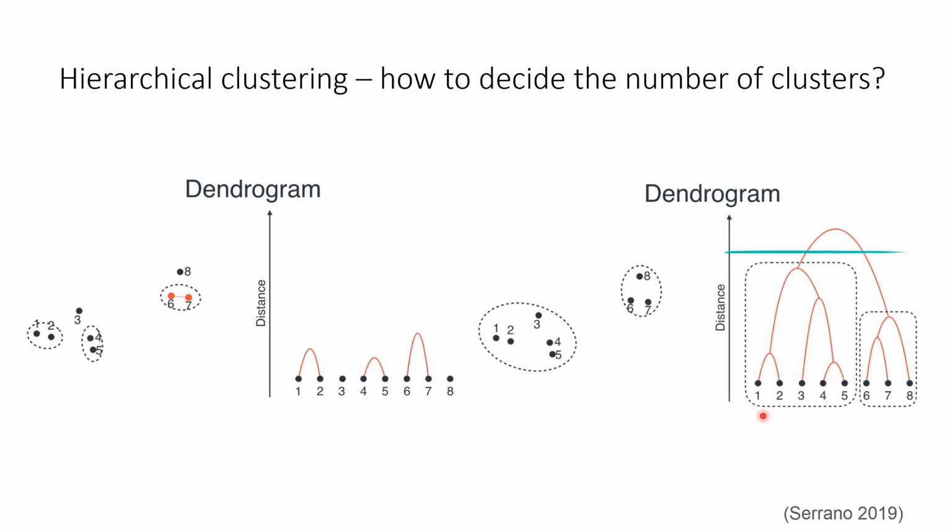The downside of this practice is that using prior expectations can bias your results in a way that misses potentially new or interesting biology, as the number of clusters you choose will alter the resolution of your study of gene expression variation. However, an upside of hierarchical clustering is that it retains information about how subclusters of clusters are related to each other. And this subcluster information can be potentially useful for studying within cell type variation.